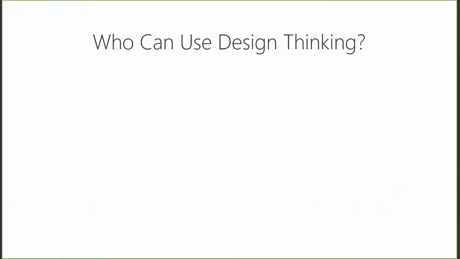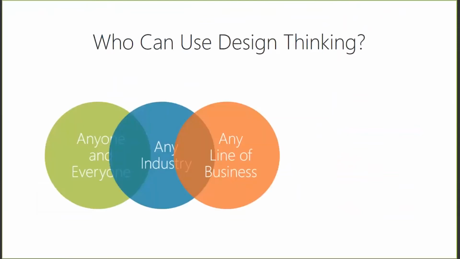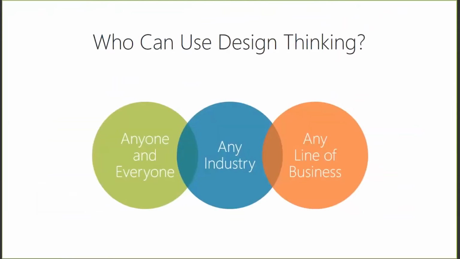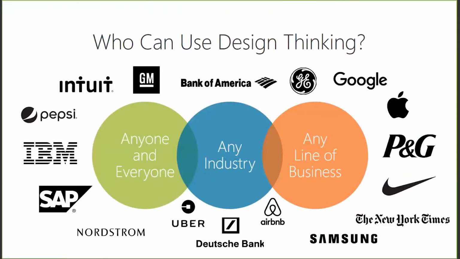So in terms of who can use design thinking, this is a bit of a trick question. The answer is anyone and everyone, any industry, any line of business. In fact, here are some examples of Fortune 500 and Fortune 100 companies that are using design thinking today. With Pepsi, design thinking is part of their internal culture. The same with Procter & Gamble.